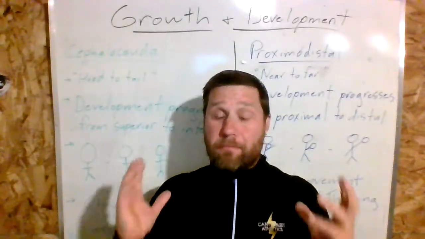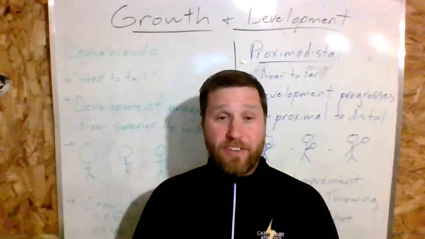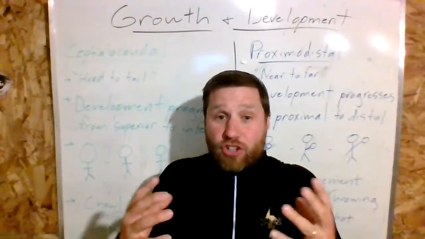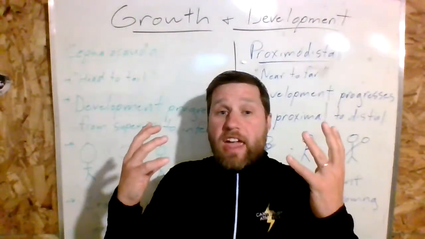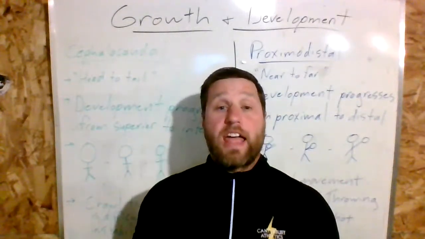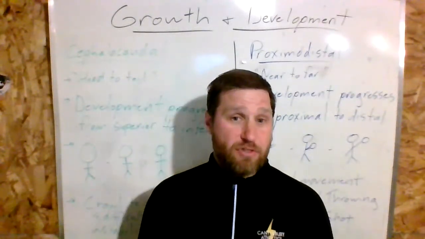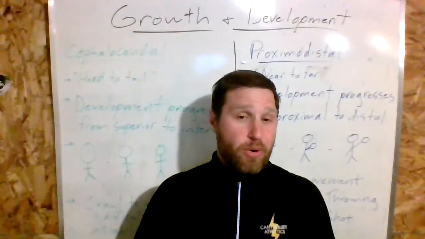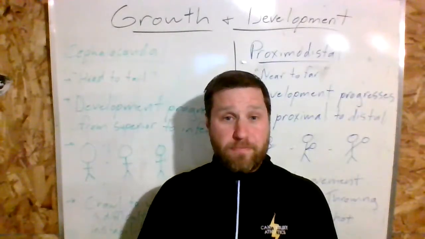And we know that brain development is very key in infants, and as children grow, they have a more developed core and then more developed extremities as they go through their stages of growth.